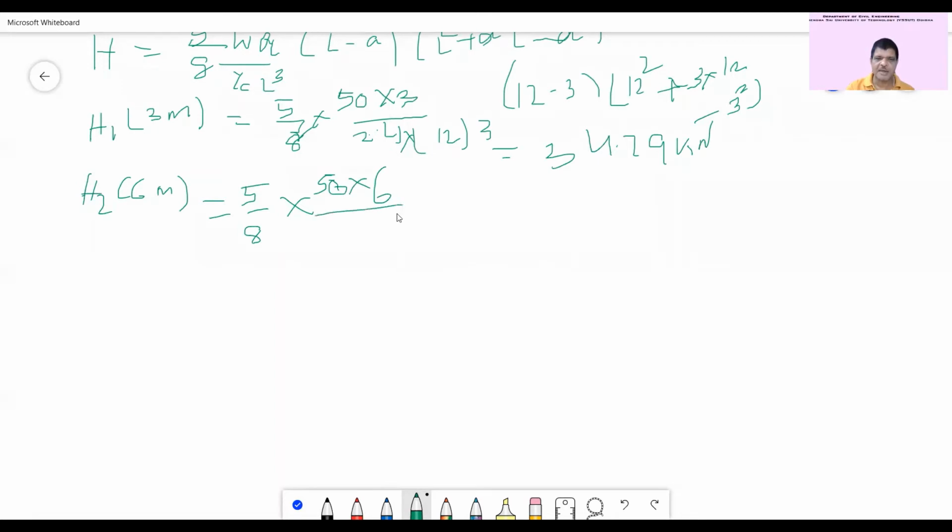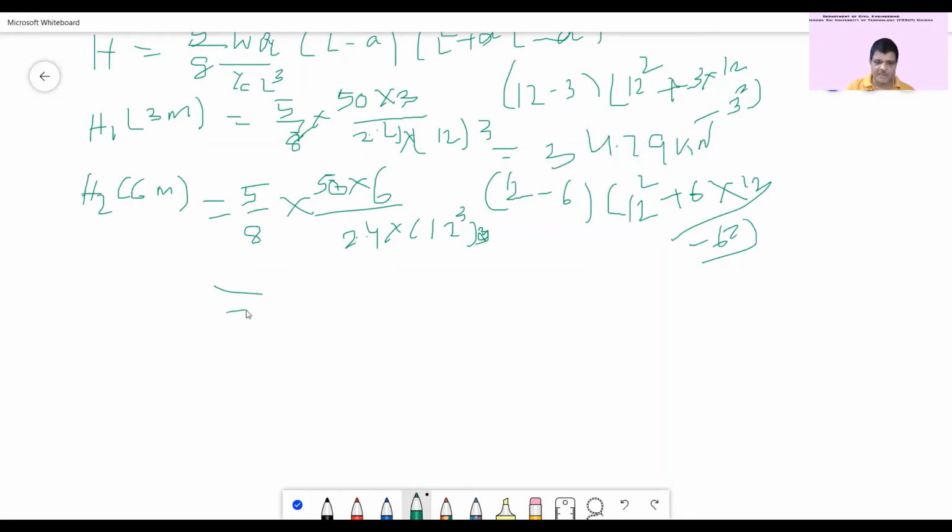Into 6 divided by 2.4 YC into 12 cube, then multiply by 12 minus 6, then 12 square plus 6 into 12, A into L minus 6 square.